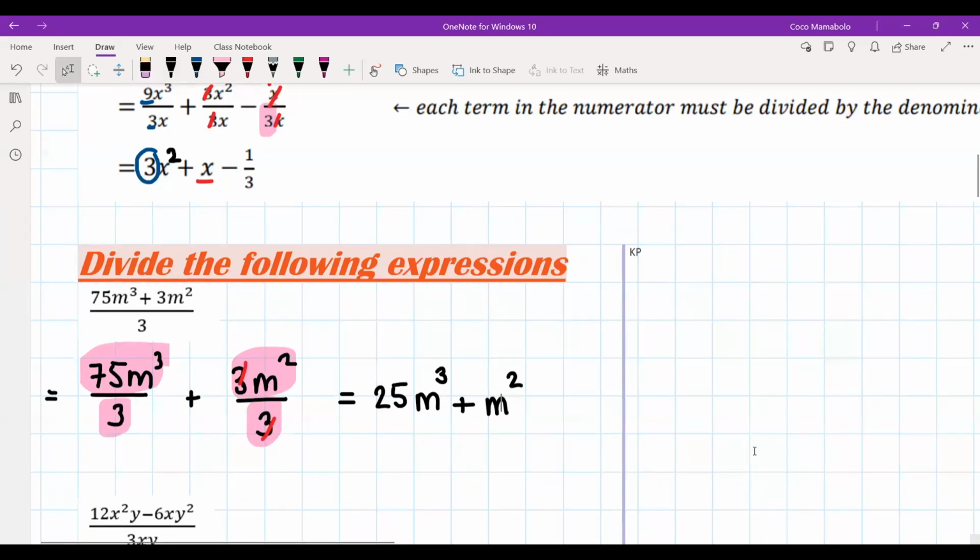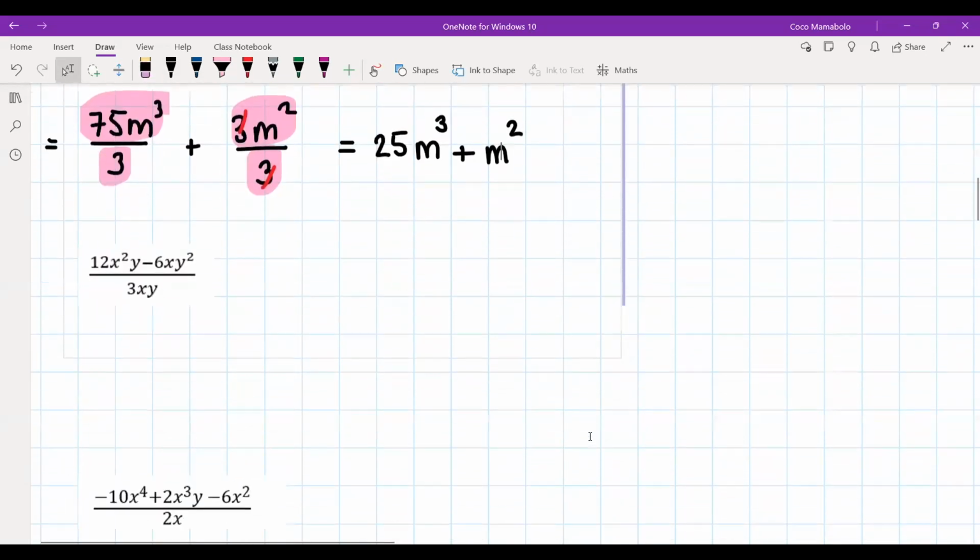All right, so I want us to have a look at this next one over here that says 12x squared y minus 6xy squared. I want you guys to split it, and divide each of them by the denominator for me. I'll show you guys the first step, and then I want you to pop your answers in the chat when you're done.